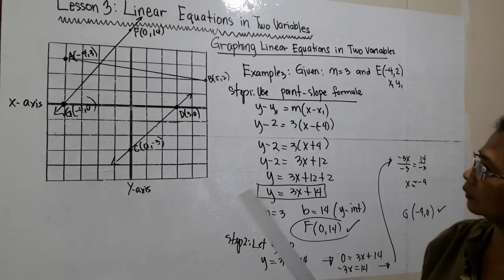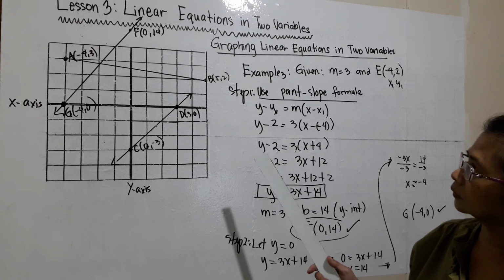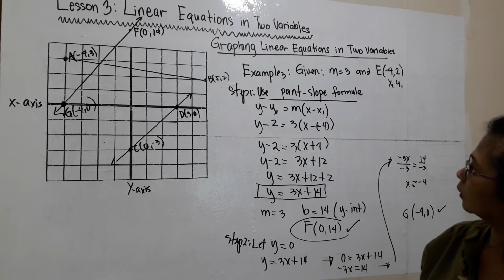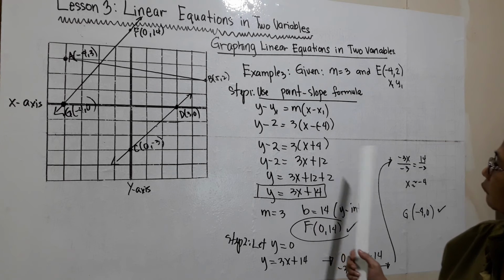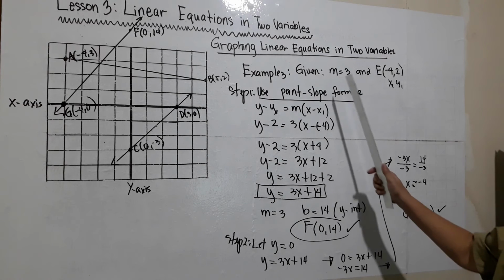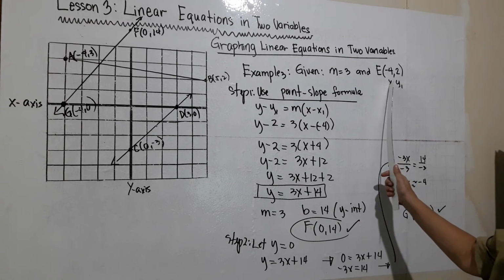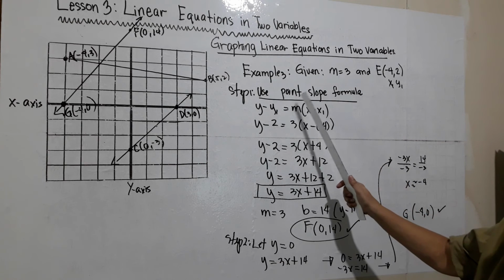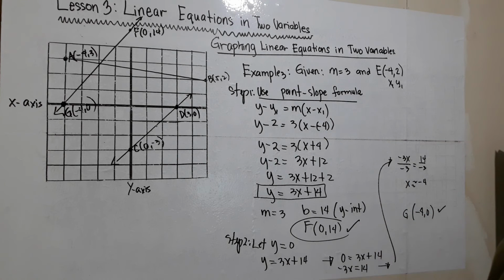So you find the x-intercept and the y-intercept. If the given is a slope and a point, you first use the point-slope formula to find the y-intercept.